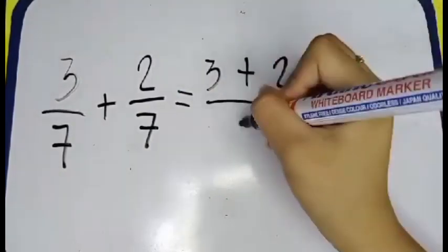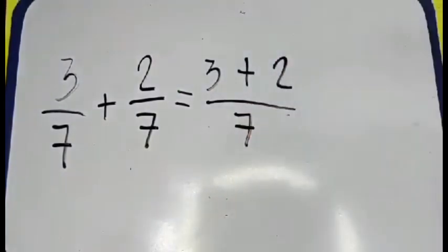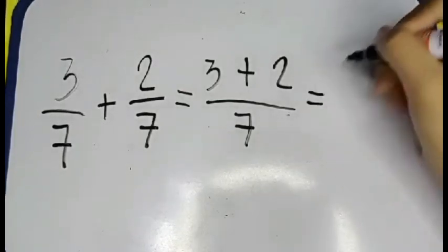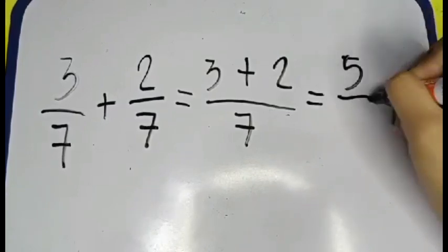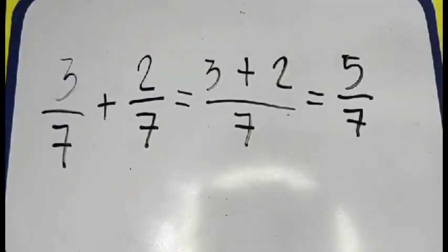Then, just copy the denominator. As simple as that. So, 3 plus 2 is equal to 5. Then, our denominator is 7. So, now, we have 5 over 7. And hindi siya pwedeng masimplify, so that will be our final answer.